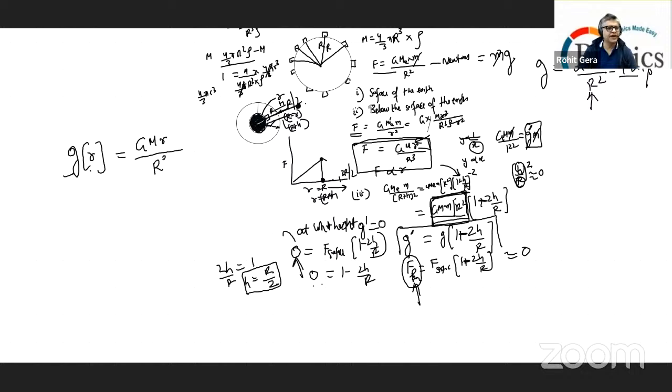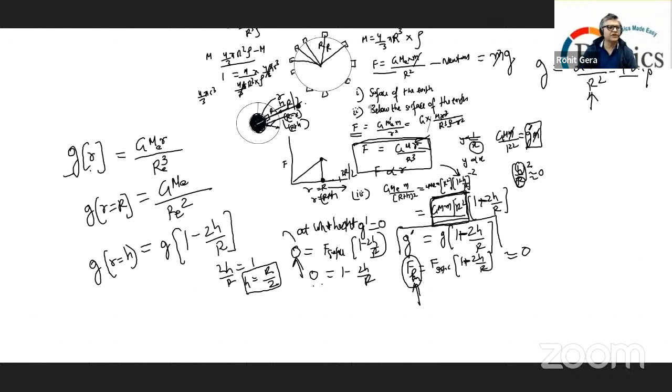The same g at r equal to R is equal to GM_e by radius of Earth square. And the same g at any height h is equal to g times 1 minus 2h by r, approximately.